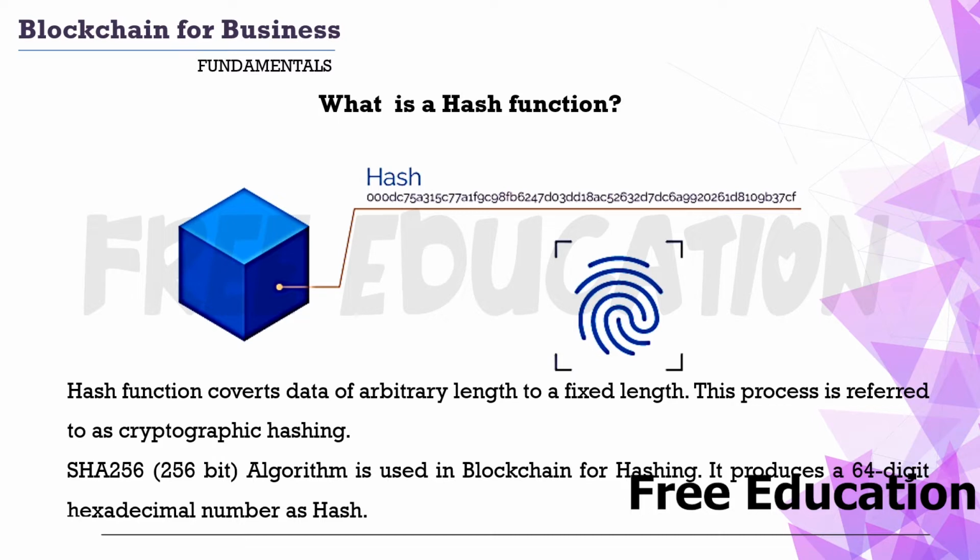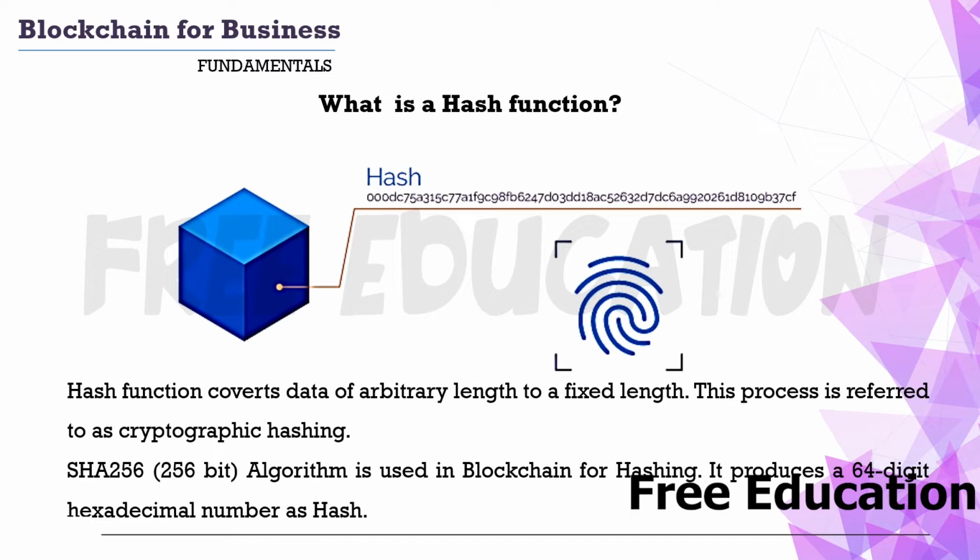If I just type Manoj and see the hash of that, or if you just type hello, you get a similar kind of string. But if you change a single character, maybe from a small to a capital letter, the entire hash value will change. And this is run using an algorithm.